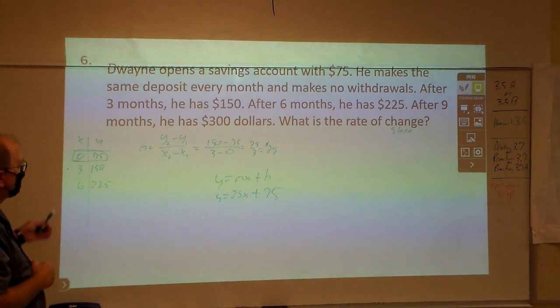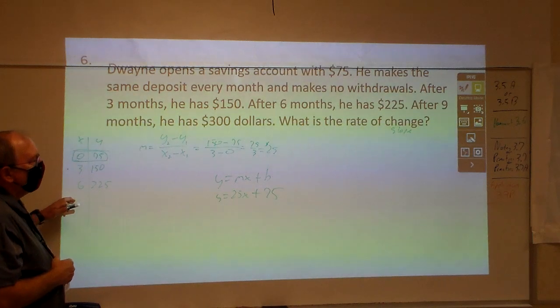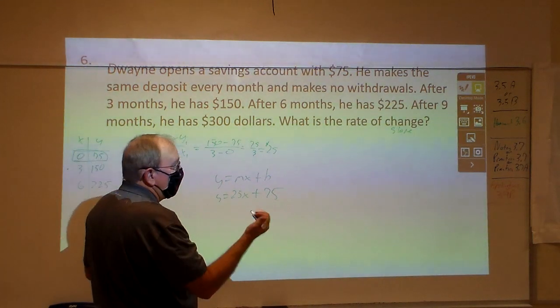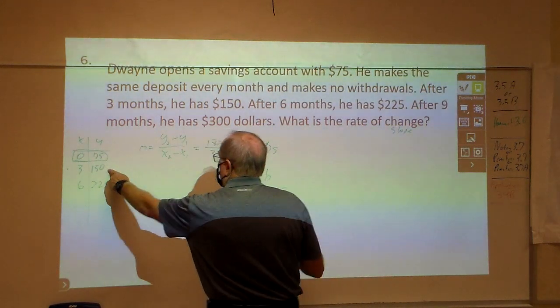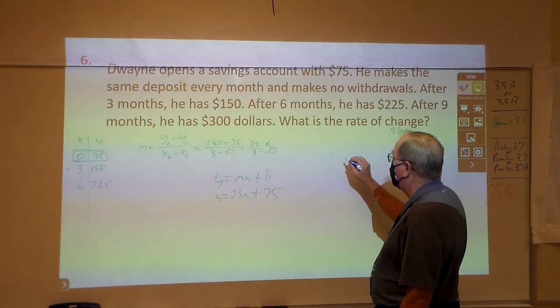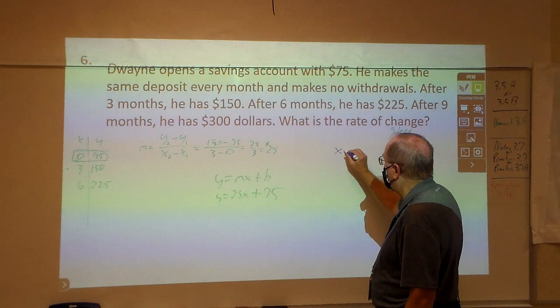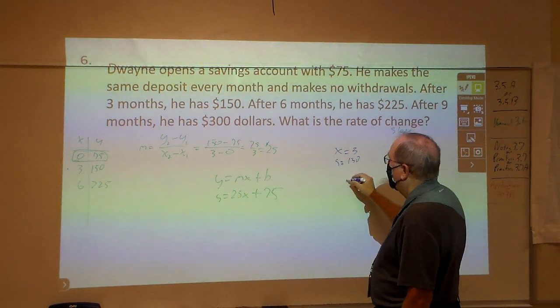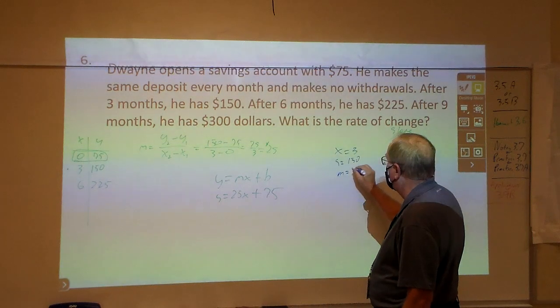If not, I had a couple of points here, and you could do this here. Even if I did not know the b, suppose I use the point (3, 150). x would be a 3, y would be 150, and I knew my m is 25.